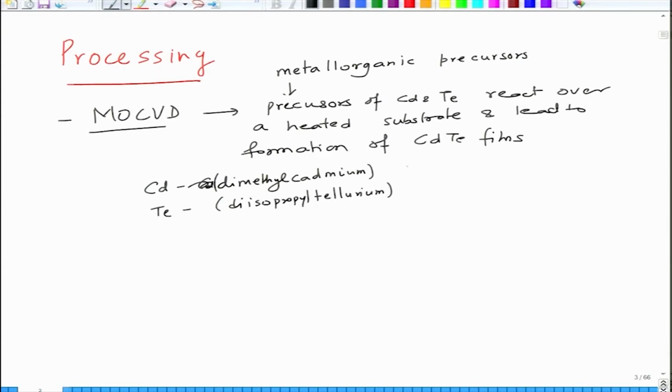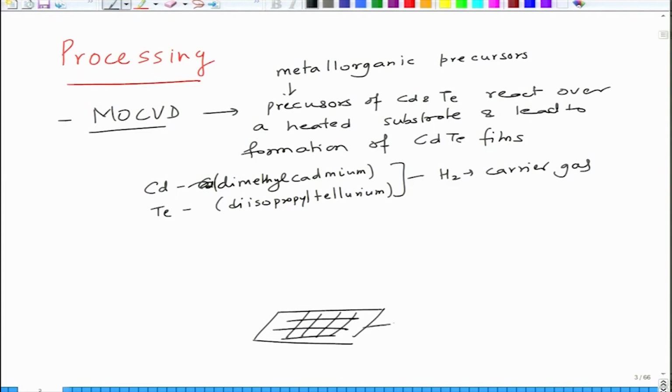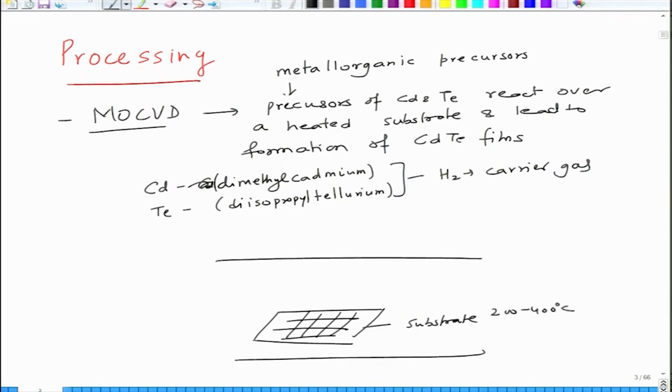These are put into a carrier gas, hydrogen. So essentially you have a substrate here, which is kept inside a chamber at a temperature of 200 to 400 degrees centigrade, and then the precursors arrive and react to give rise to the CdTe film, and the byproducts go out of the system.